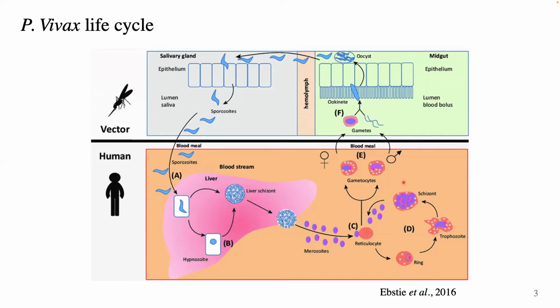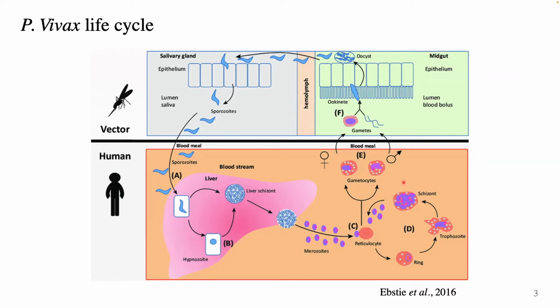The significant characteristic of this Vivax parasite is that some sporozoites can remain within the liver as dormant. We call them hypnozoites, and these hypnozoites can activate after a week, after a month, or even after a year, and go through the same development process and give rise to another blood stage infection.